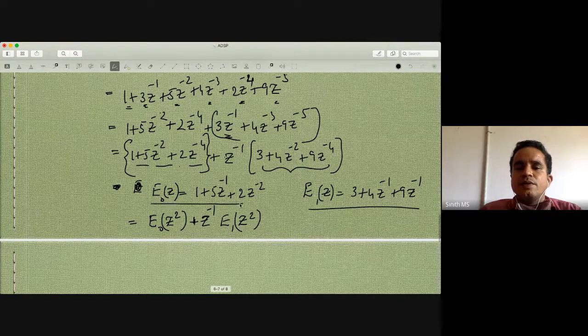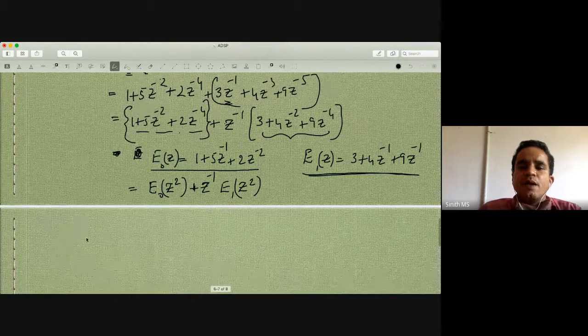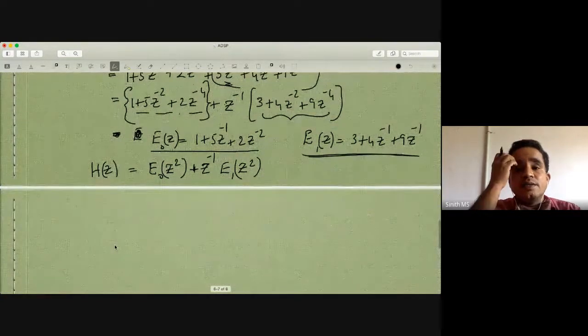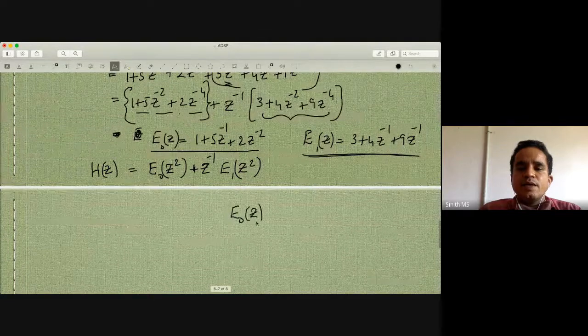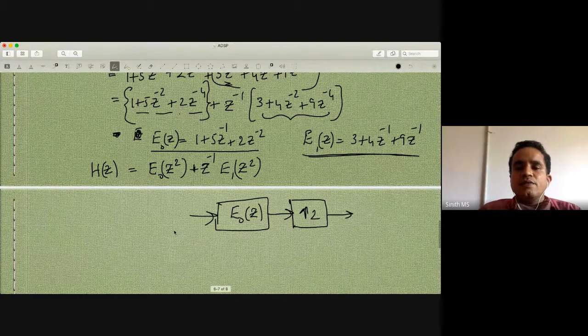So you have E0(z) and E1(z), which are the even and odd parts of your signal. Now, the whole system H(z) you have written as E0(z square) plus z inverse E1(z square). Suppose you have a filter E0(z), and then you have an upsampler by a factor of 2. If you have x[n] here, what will be y[n]?